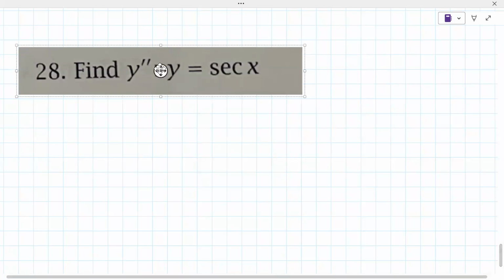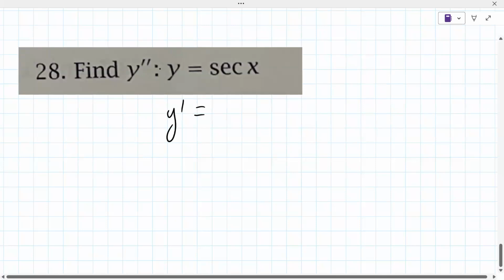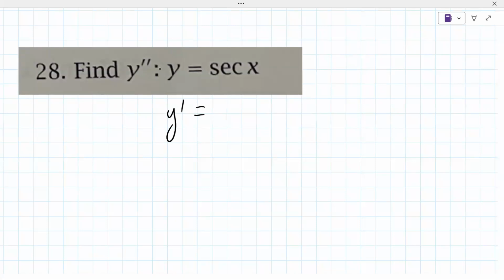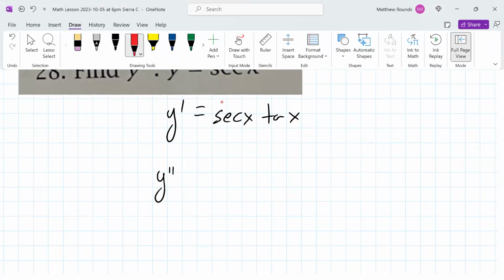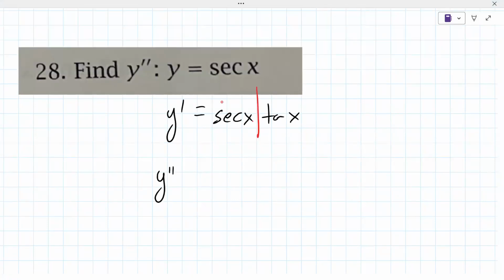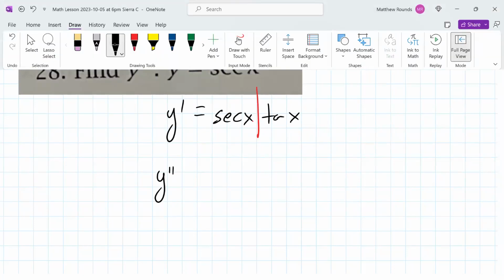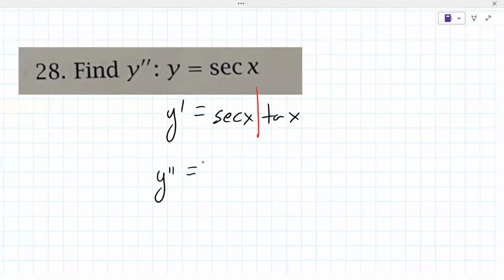Second derivative. So your first derivative is right from your reference sheet: secant x tangent x. Your second derivative is now product rule. Could you try this one, please, for us?